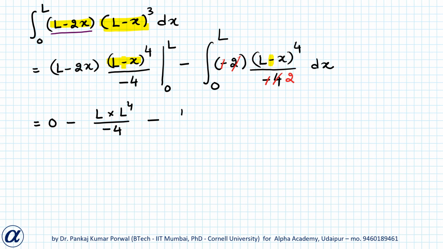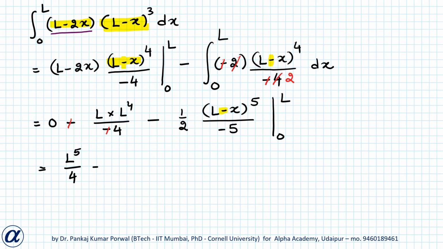So I get 1 by 2 times L minus x to the power 5 divided by 5 and a minus sign because I have a minus here, and the limit from 0 to L. This gives me minus plus. So I get L to the power 5 by 4 minus, again minus plus, 1 by 10.